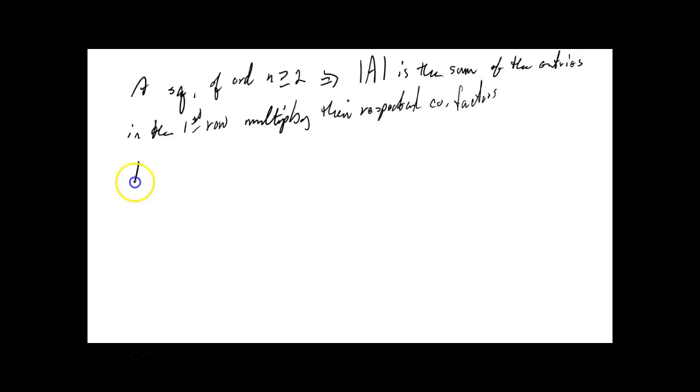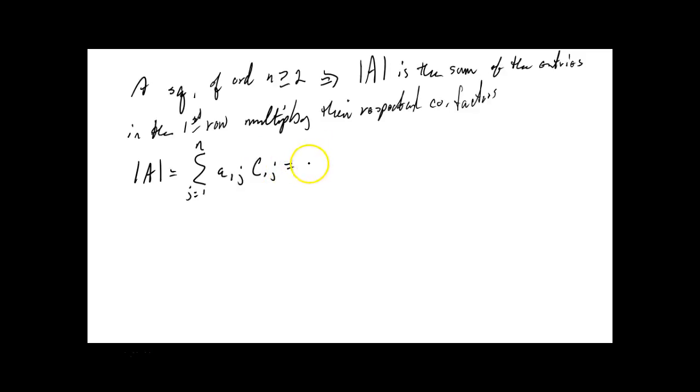That is, the determinant of A, if you're using the first row, is the summation from j equals 1 to n, if this is an n by n matrix, of a_1j, that's the first row, with the jth column going from 1 to n, times C_1j.